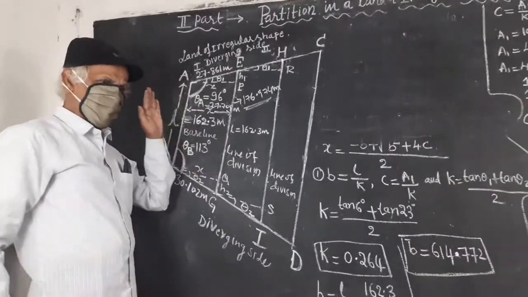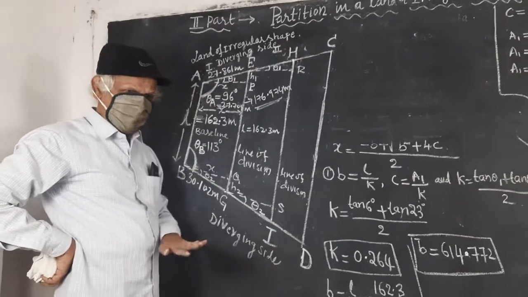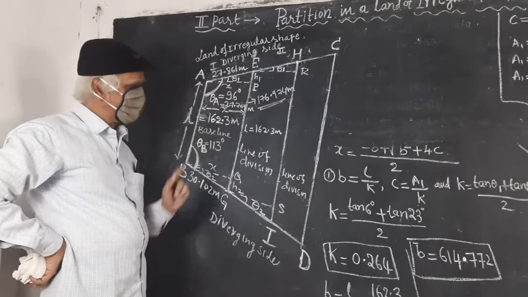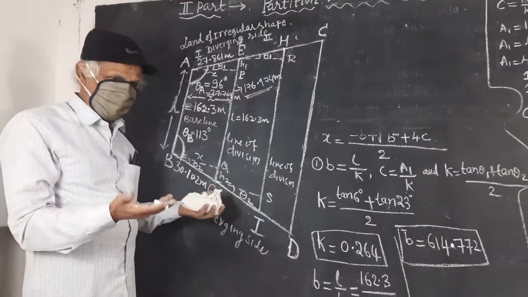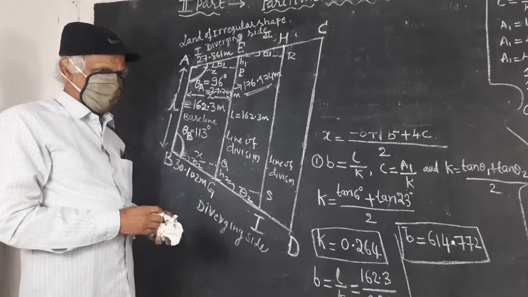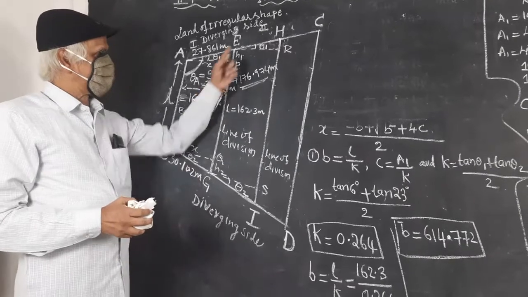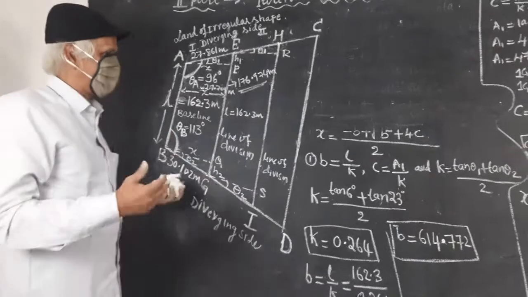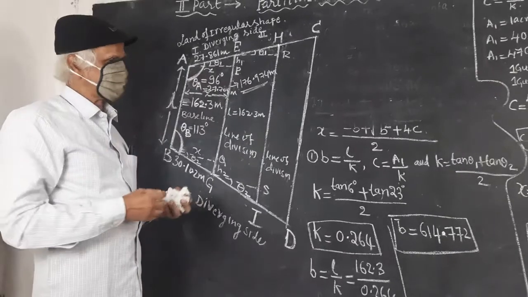Repeating the same procedure and applying the same formula as in the first partition to the second partition, one gets the following values for the lengths of the different sides, as well as the distance of line of division.